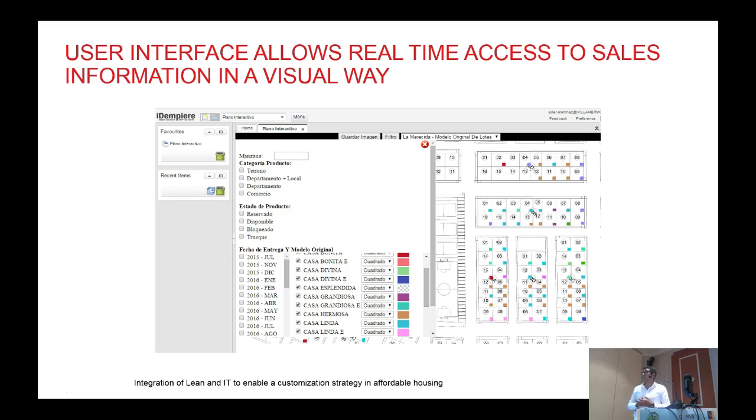You can, of course, filter information, and zoom in and zoom out the plan, or find information that is relevant for you. The information is accessible through the internet. If you have authorization to get into the system, you can immediately get real-time information about sales and where the houses are being bought.